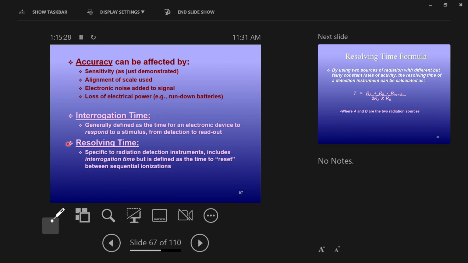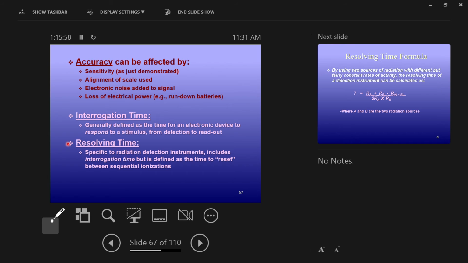So the amount of time between detectable ionization events is called resolving time. The shorter your resolving time, the more accurate your device can be. So you want the shortest resolving time, and you also want the shortest interrogation time possible. The longer the interrogation times, the less accurate, and the longer the resolving times are, the less accurate the devices are.